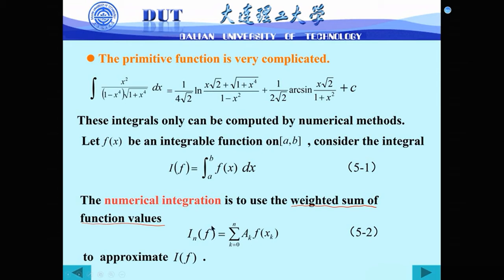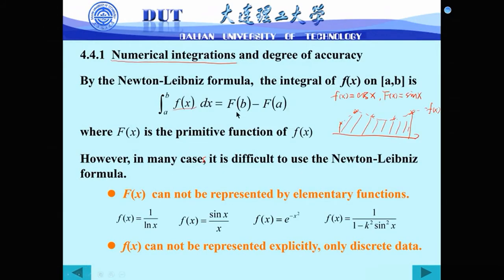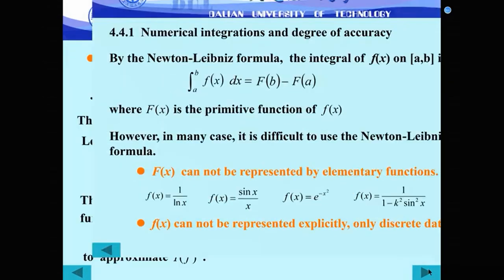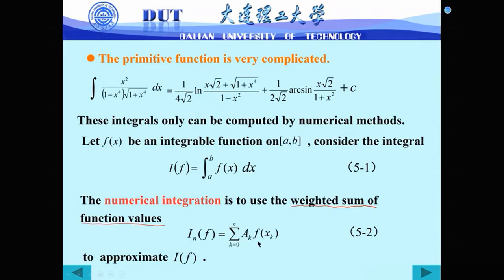Why can we use this formula? Actually, for the Newton-Leibniz formula, we can obtain the integral by several discrete function values. Of course, there we use the primitive function capital F, but now we only need the function values of f(x) at some knots x_k.